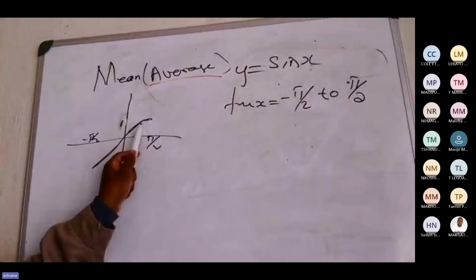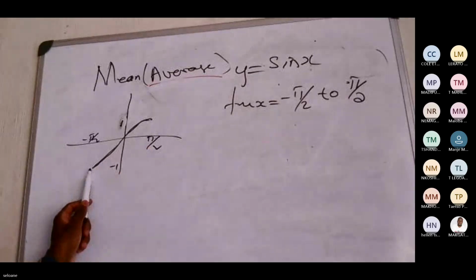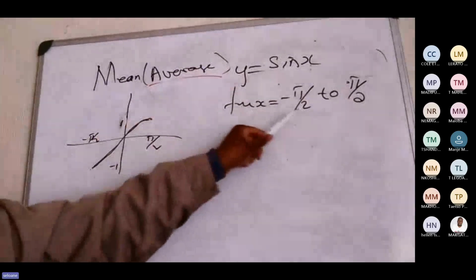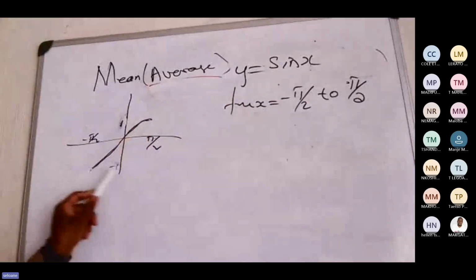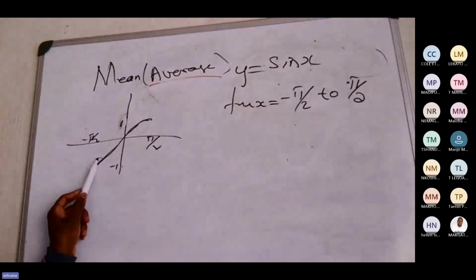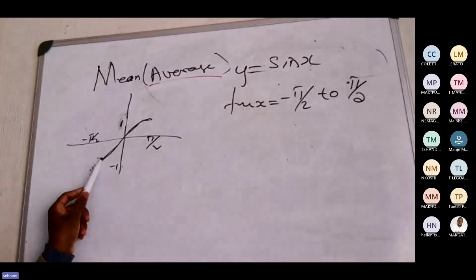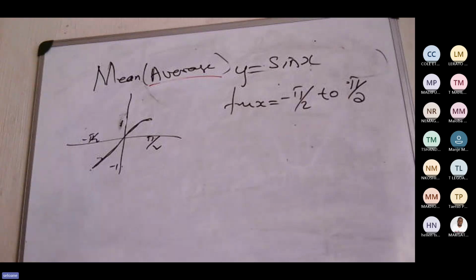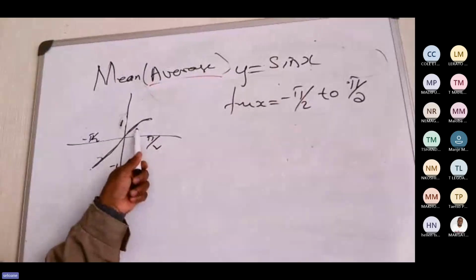Then from there, it will be those in between, like minus 90 degrees, minus 60, minus 45, minus 30, 20 degrees, 30 degrees, and so on.